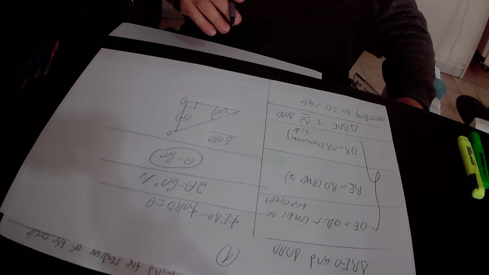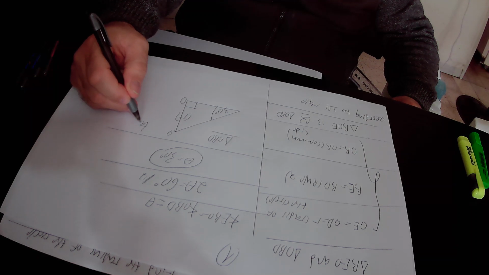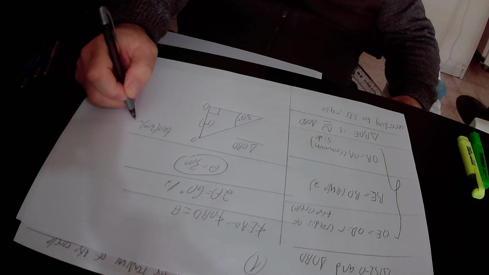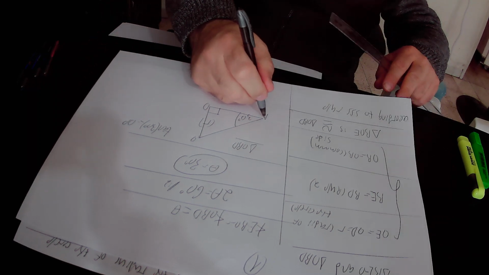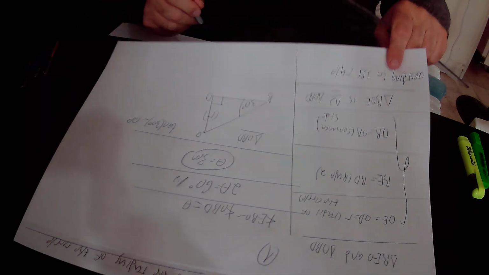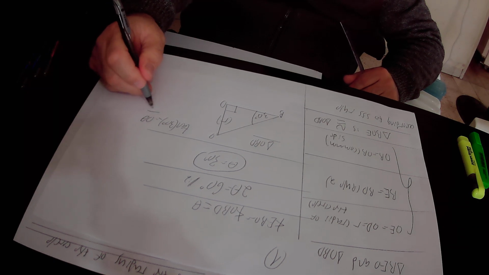So in this triangle OBD, tangent 30 degrees equals OD over BD.